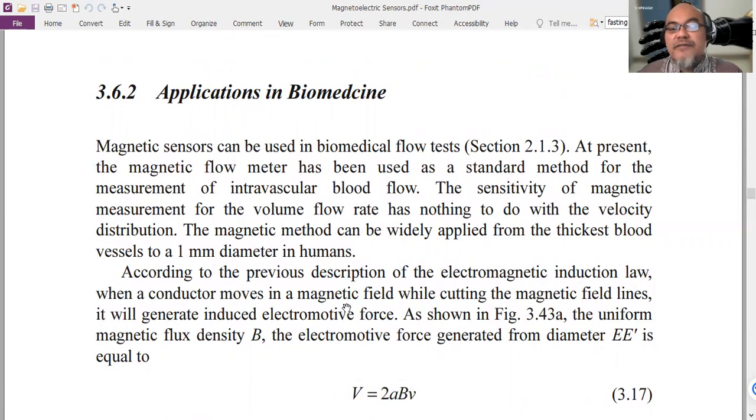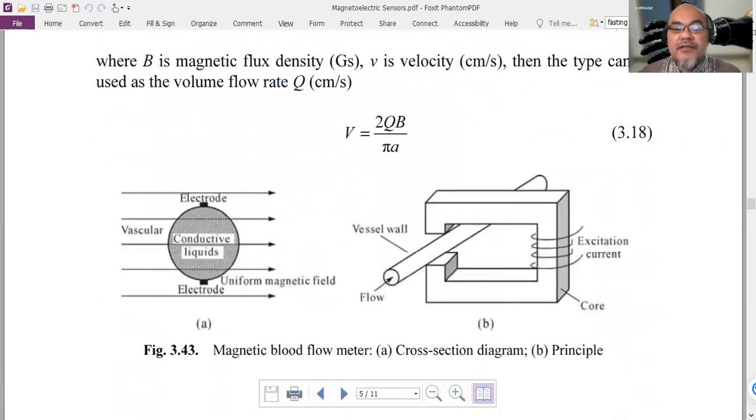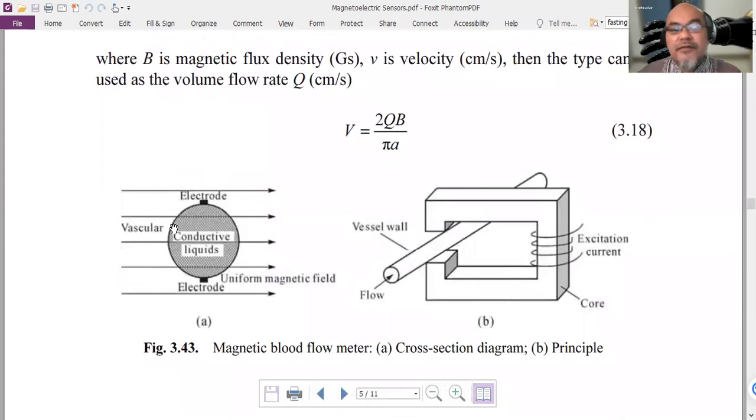Then when a conductor moves in a magnetic field, while cutting the magnetic field lines, it will generate an induced electromotive force, as shown here. Okay, so we have the conductive liquids.